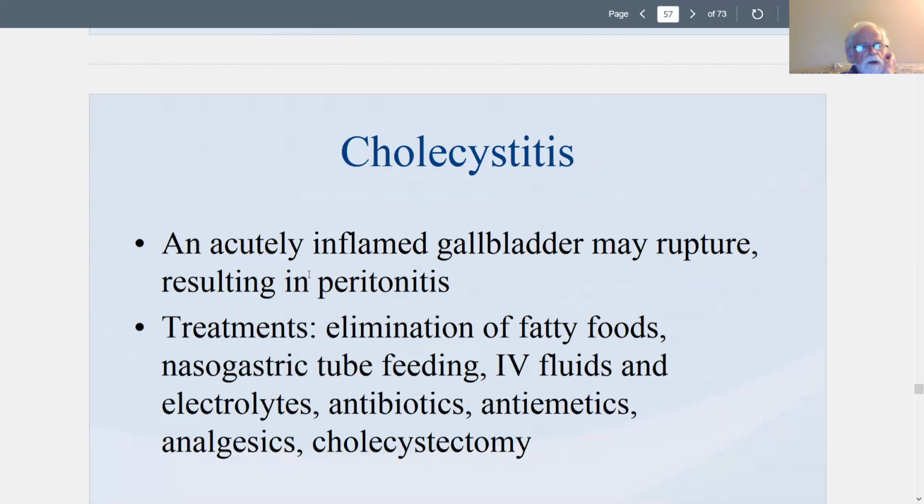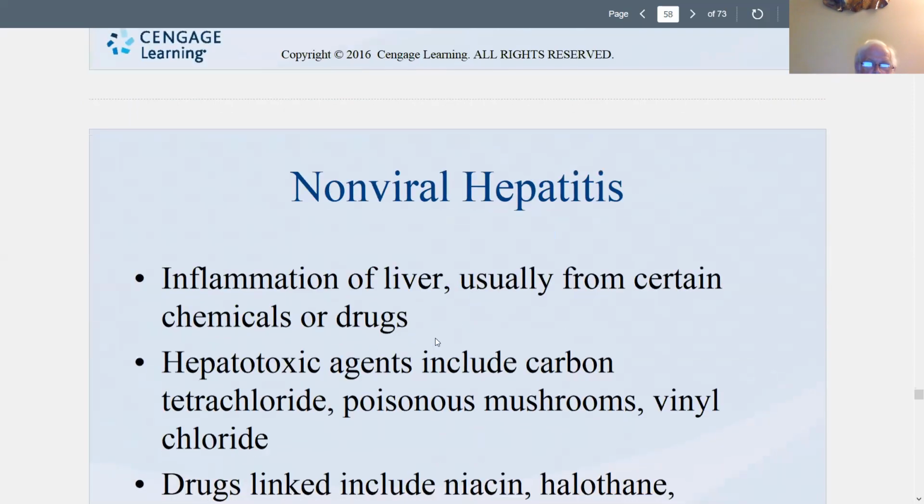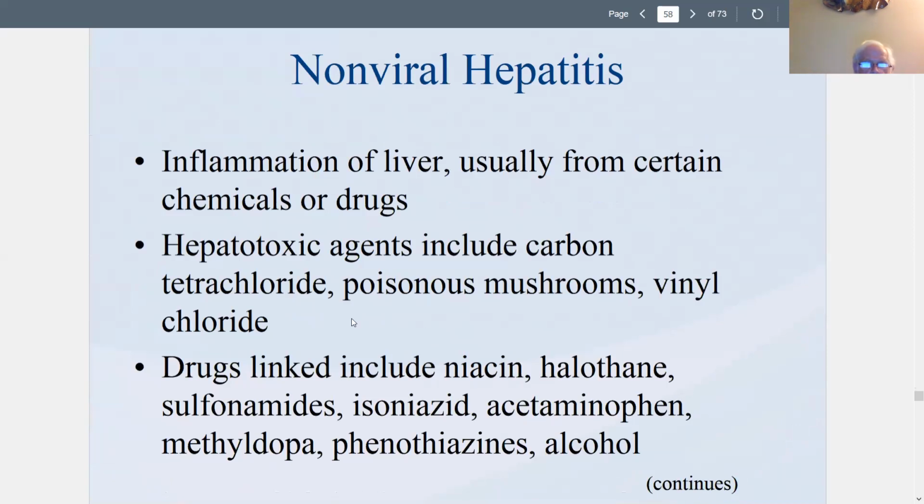To control it, we can eliminate fatty foods. We can use tube feeding or IV, and other drugs as necessary, including painkillers and surgical removal of the gallbladder. Non-viral hepatitis is usually something that happens from drugs and or certain chemicals in the environment.